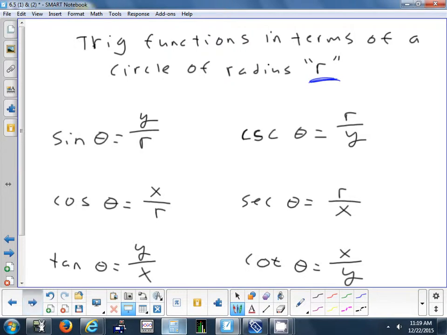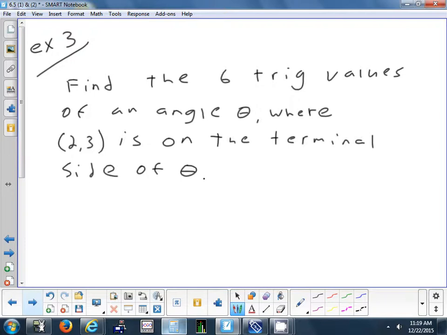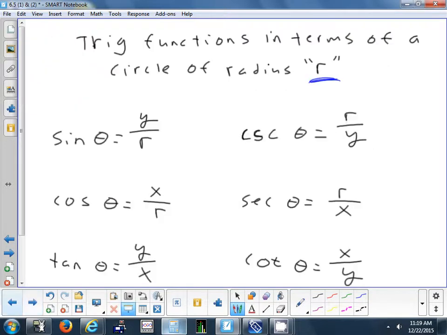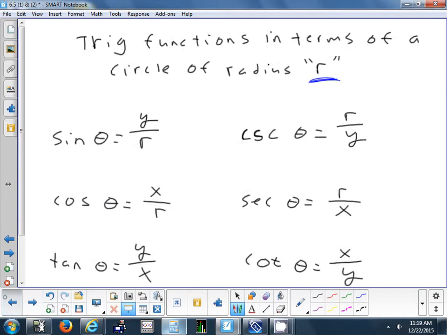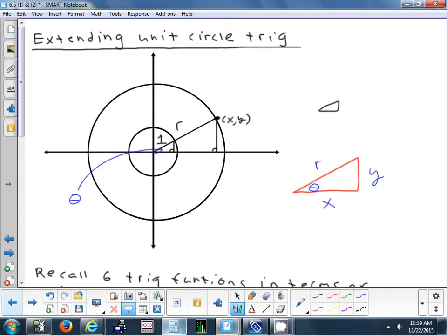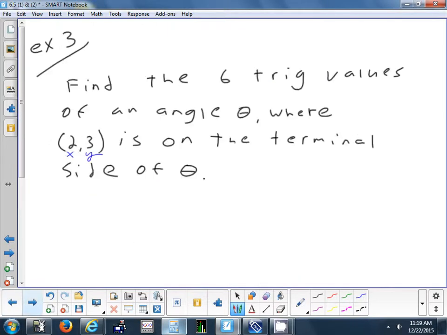So now there's 3 things you need to find. If they give you a point, you've got x, you've got y, but what else do you need in order to use these definitions? You've got to have r. How would you get r? Let's go back and look at it. We know x and we know y, so just use the Pythagorean theorem to get r. So this is going to be the square root of 13.